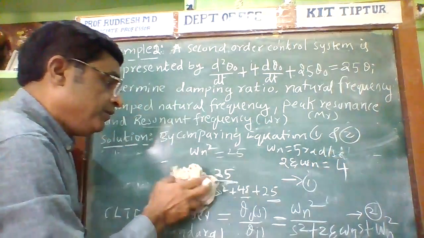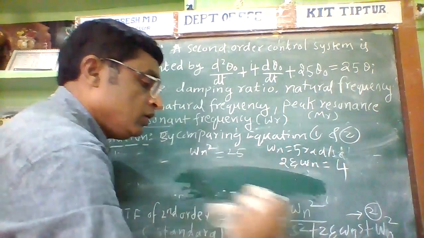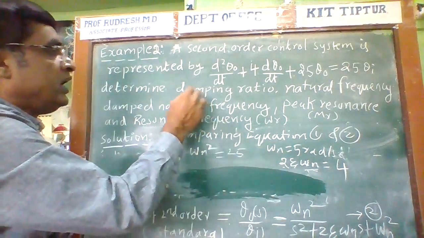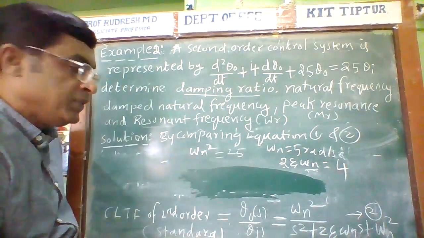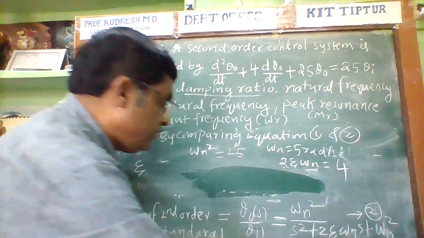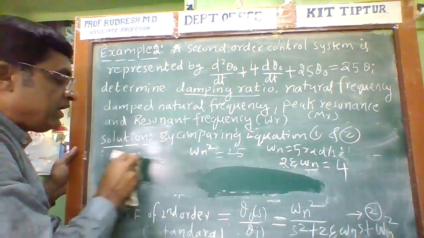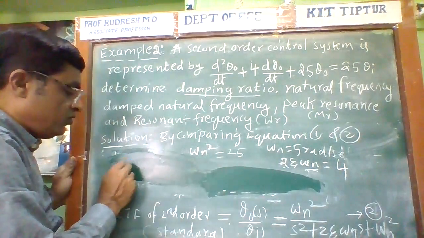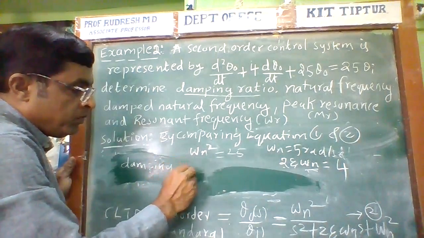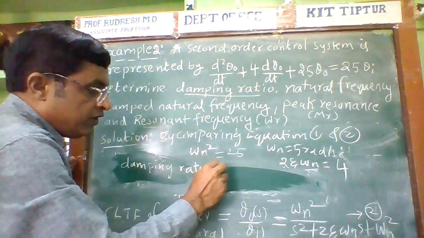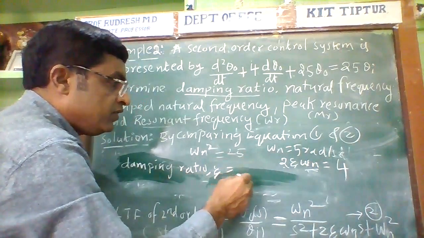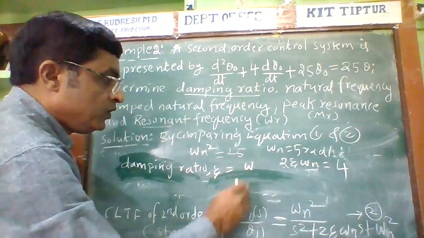We have already calculated omega n. Here I need to calculate the damping ratio, zeta.